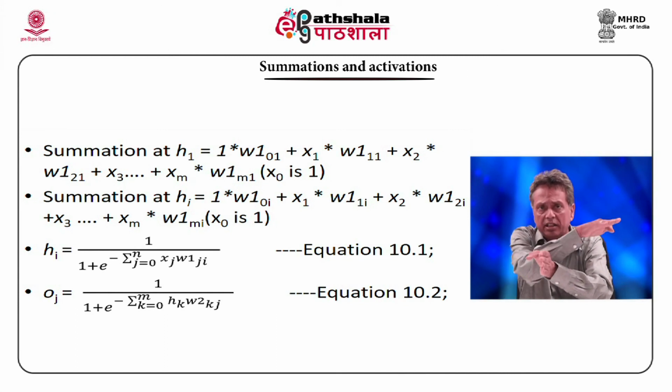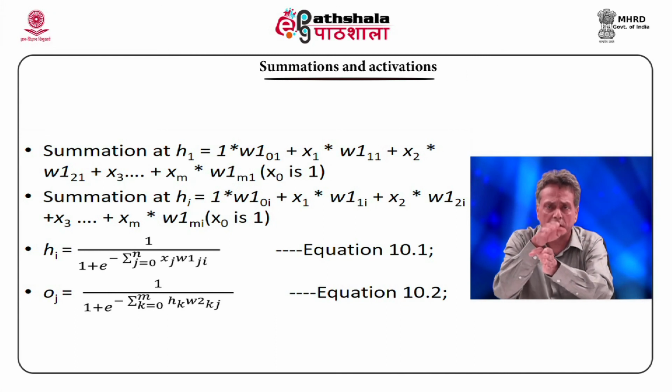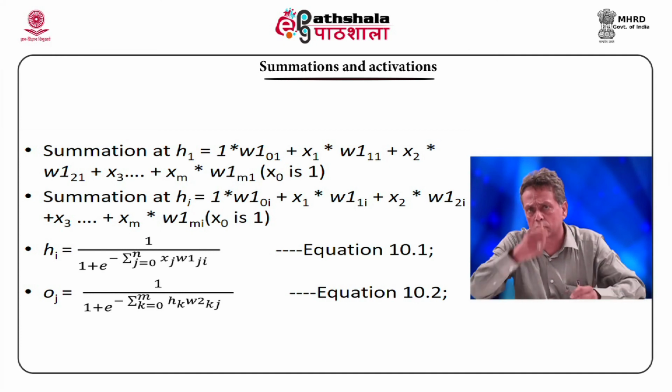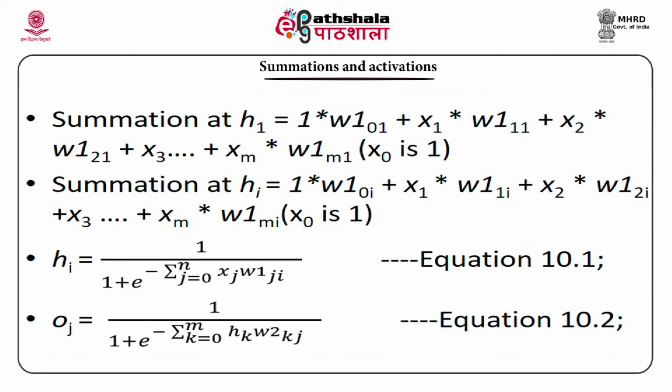So the total summation is calculated. In the same way, 1 upon 1 plus e raised to minus the sum is calculated, which you can see on the screen. We call them equations 10.1 and 10.2, which indicate the output generated for both of them.